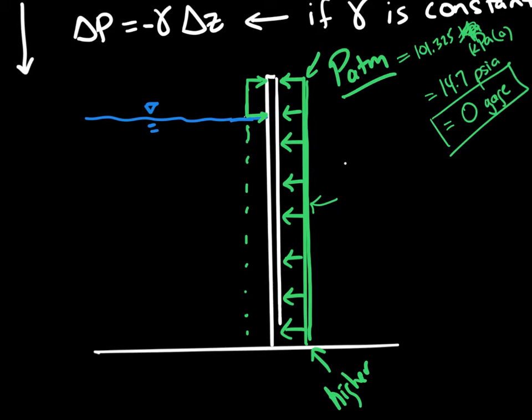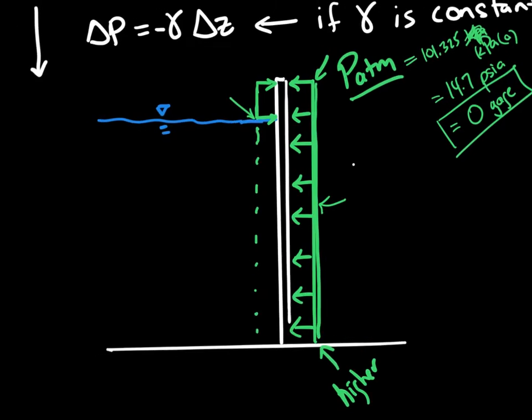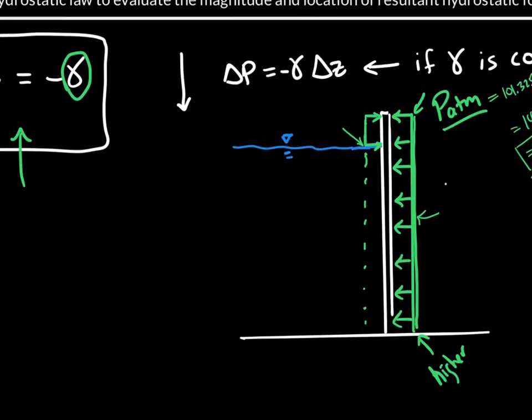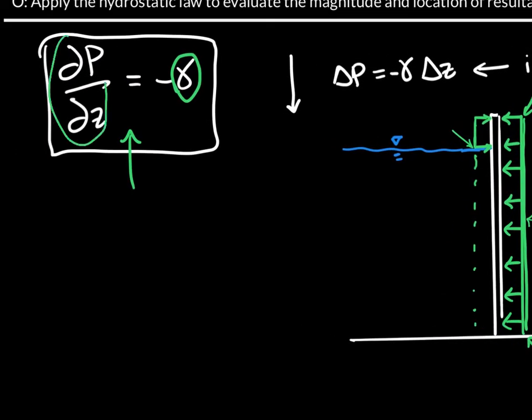At this point, if we follow the pressure moving downwards, we remember the rule dp/dz equals negative gamma.